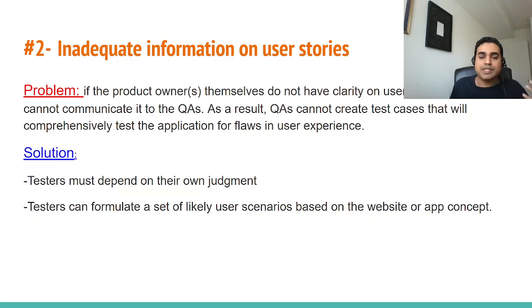Okay, testers can start thinking about high level scenarios a user would be likely to face when using certain software. For example, instead of waiting for full clarification about a feature, a tester can formulate a set of likely user scenarios based on the website or application concept.